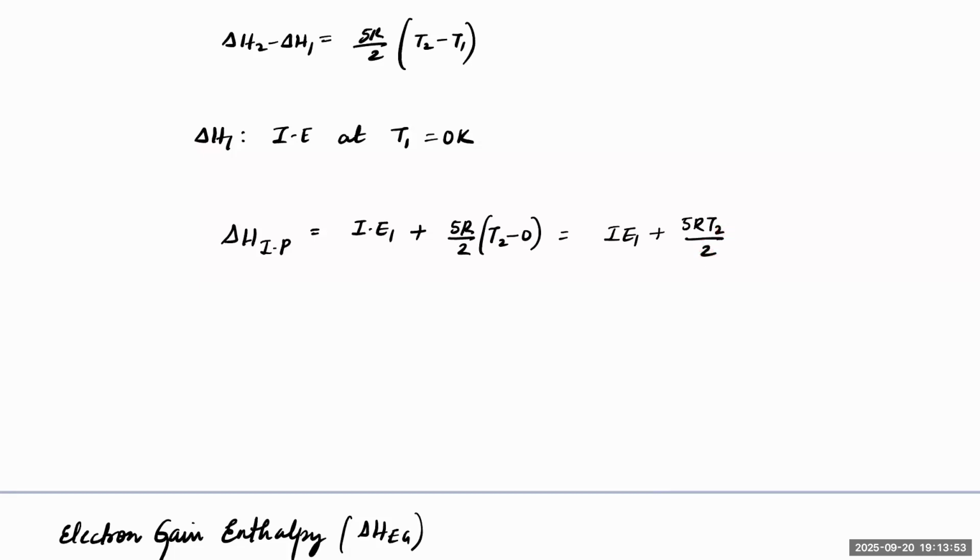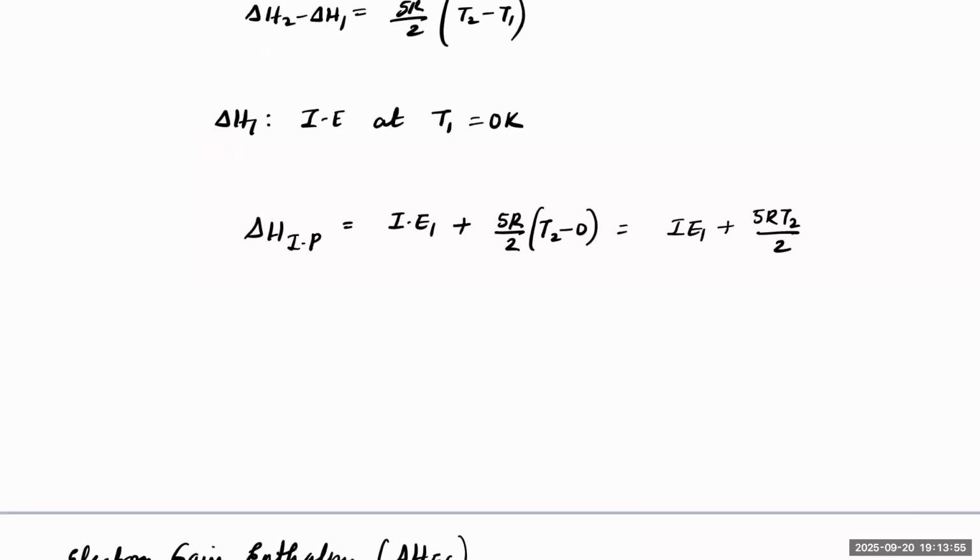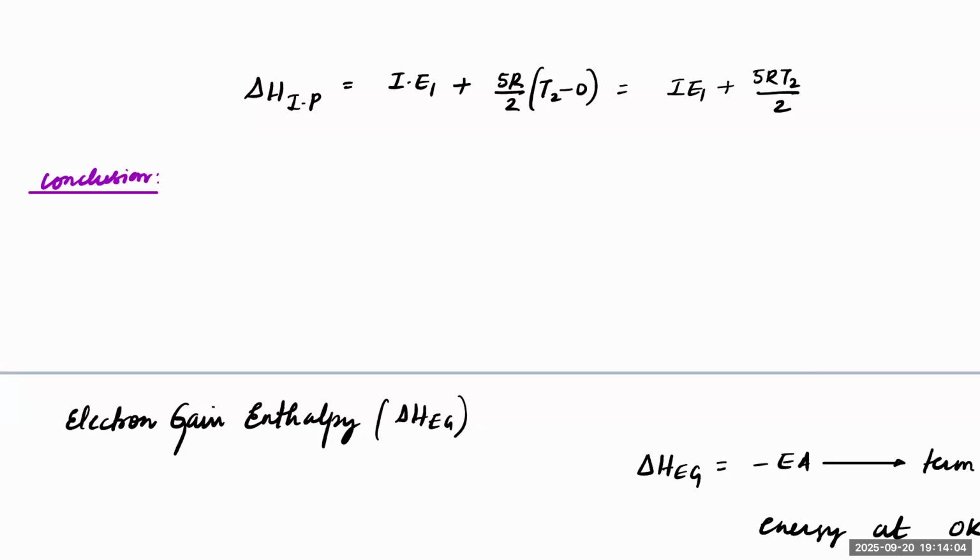From here, what can I conclude, everybody? Check out the conclusion here. If you're trying to extract an electron from an atom at a higher temperature, do we require more energy or less energy to release the electron? We definitely require more energy, isn't it?